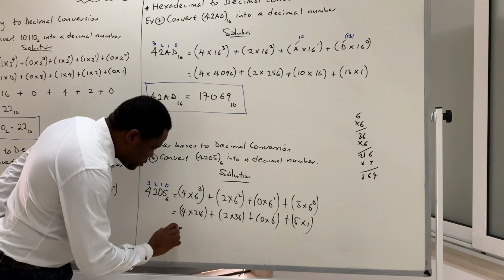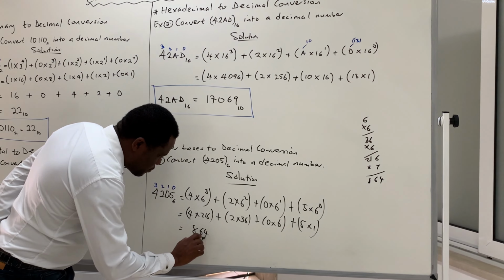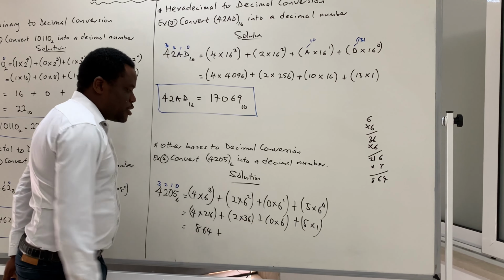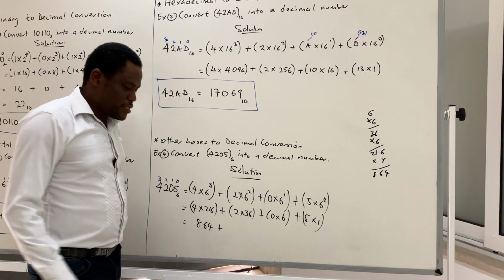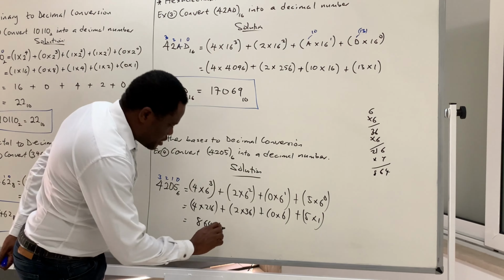So we have 864 plus 2 times 36, that should give us 72. 0 times 6, obviously 0. 5 times 1 is 5.